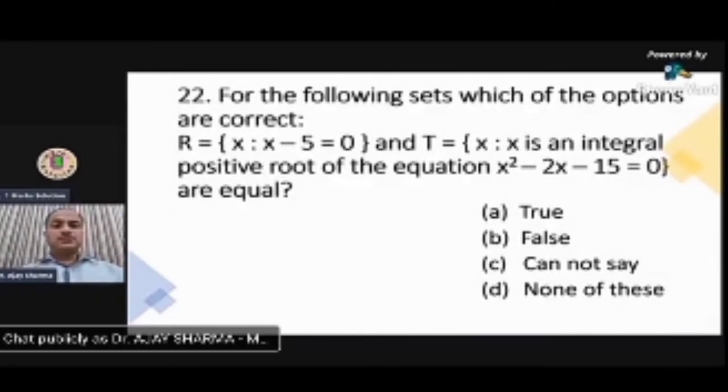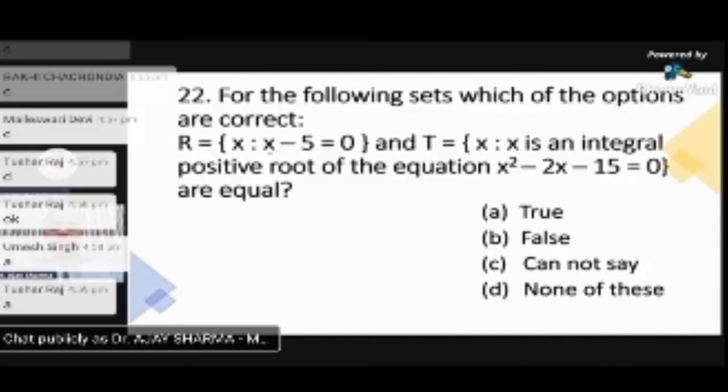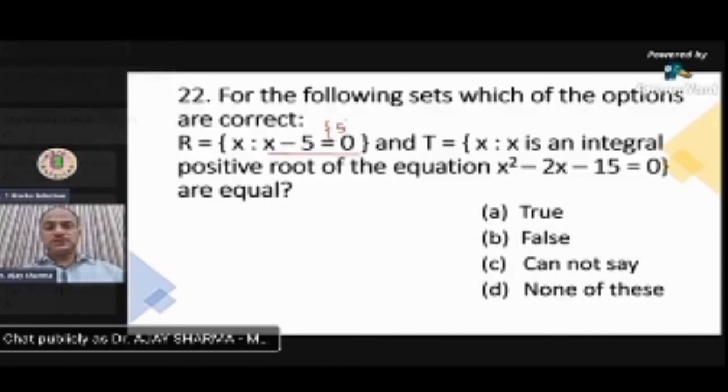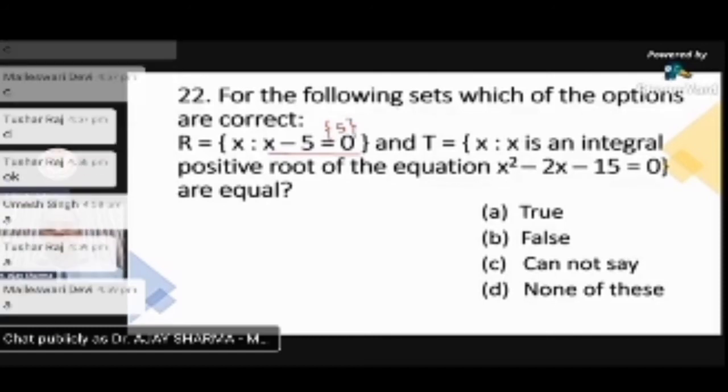In the second question, for the following sets, which of the options are correct? We know when we solve this equation, we get x equal to 5. So only one element is there in the set. Set R has only one element. Now set T has elements which are solutions of this.